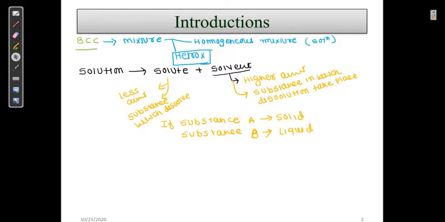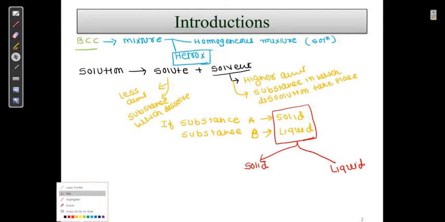When we mix them together, the resulting mixture is either a solid or a liquid. If the resulting mixture is solid, then we can say that substance A is present in higher amount.